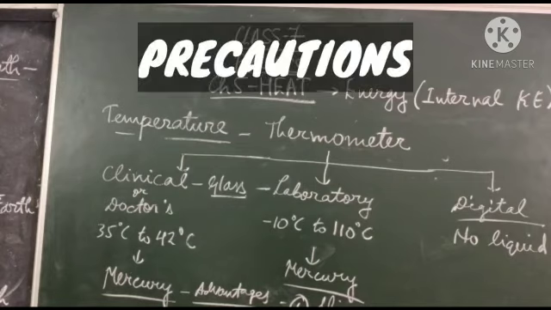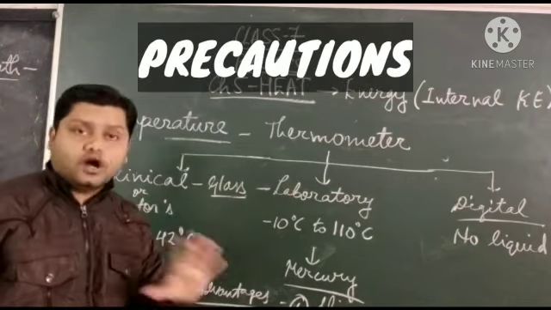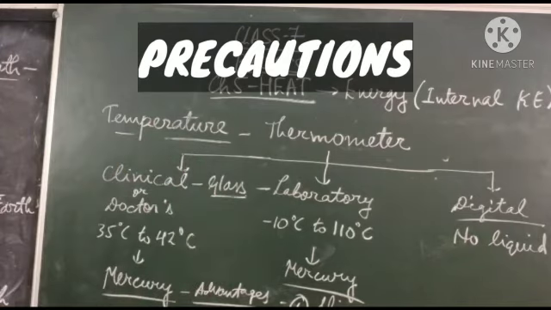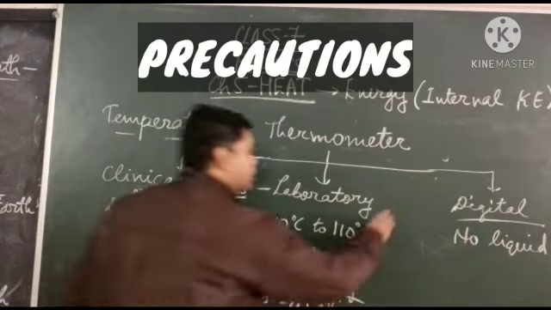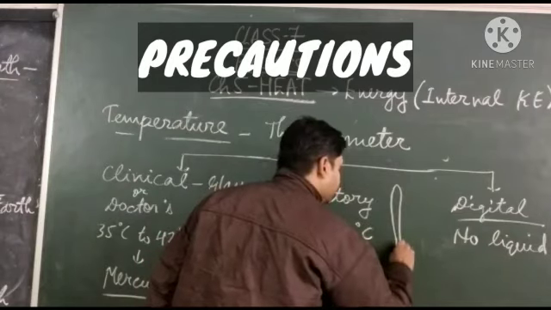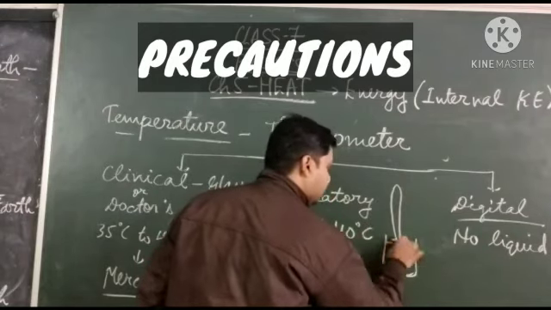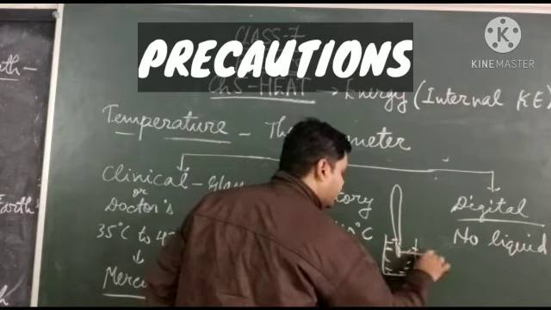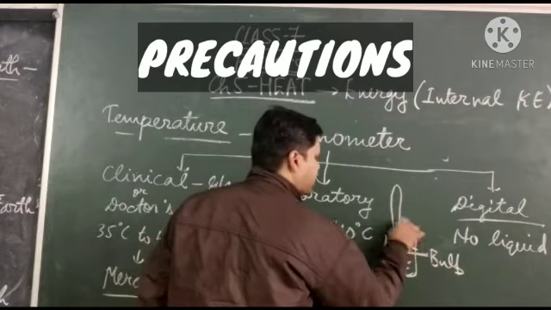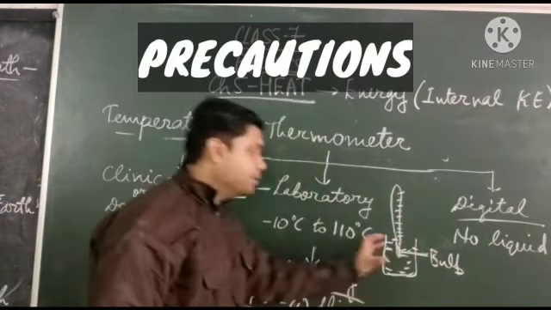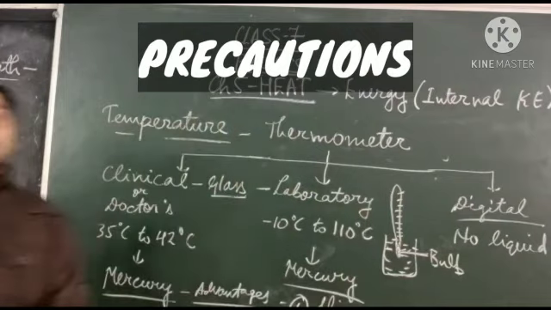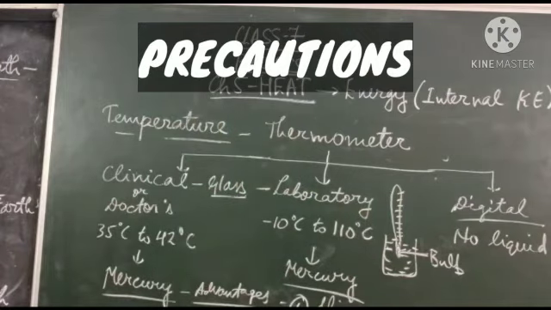Whenever we are using a laboratory thermometer, it should not be tilted. It should be kept in an upright position only. Second, whenever we are dipping the thermometer in any vessel, the bulb of the thermometer, this is known as the bulb, and this is the rest of the body where graduations are made, should be completely surrounded by the substance in which it is dipped.